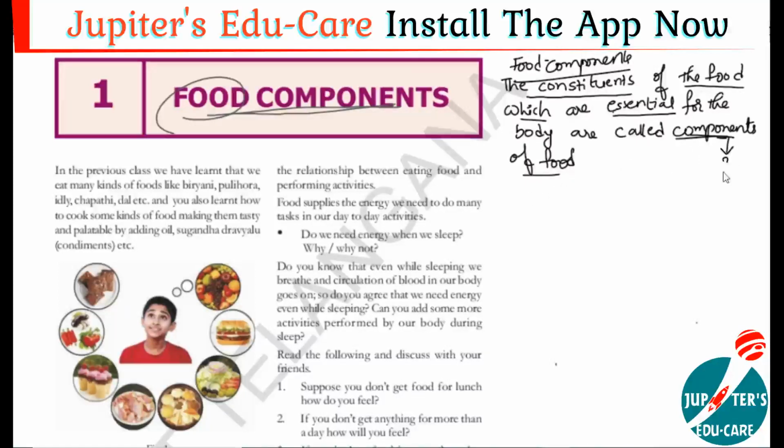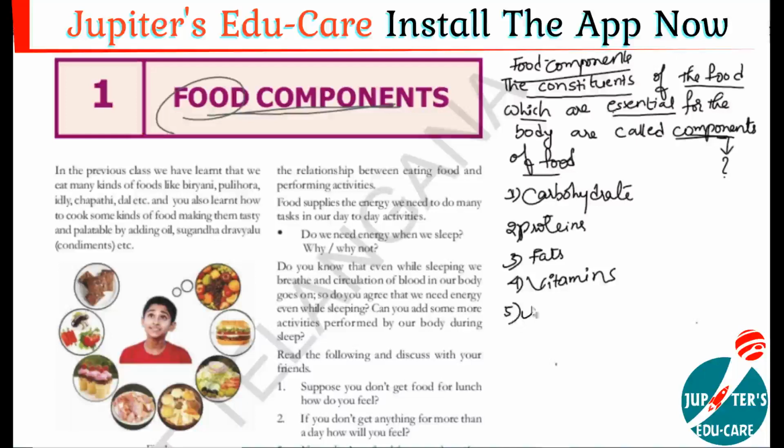Then what are the different components? There are different types of food components. They are carbohydrates, proteins and fats, vitamins, and the fifth one minerals, also called salts, and the sixth one water.